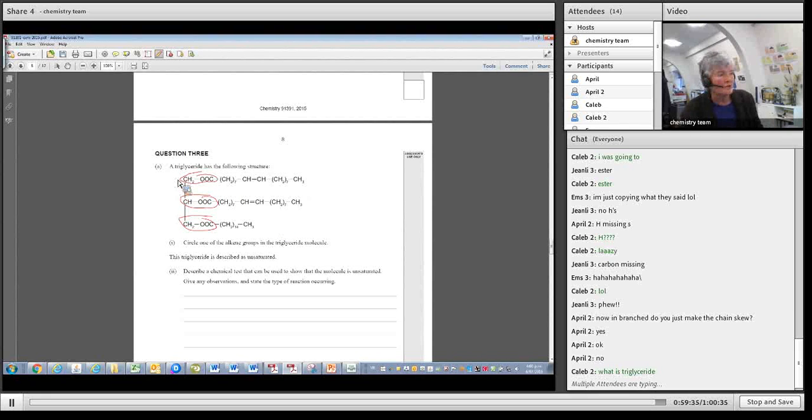You have this particular compound that is bonded to 3 fatty acids. I don't know if you've heard the term fatty acid before. It's just simply a carboxylic acid that's got a very long chain. These are all very, very long chains. So they dissolve in fats.